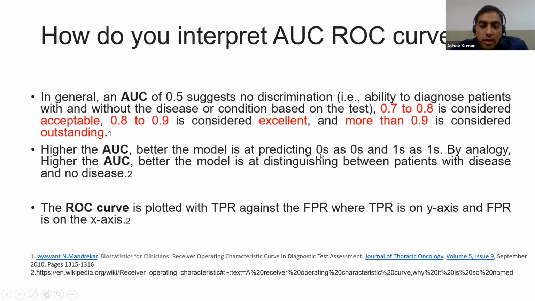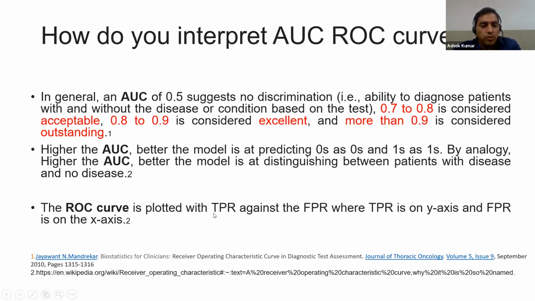Zero means negative, disease absent, and one means disease present. By analogy, the higher the AUC, the better the model is at distinguishing between patients with the disease and without the disease. So when the AUC is more than 0.9, it is better for that kit.